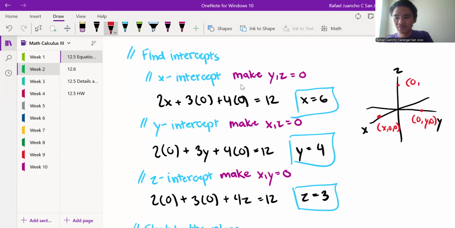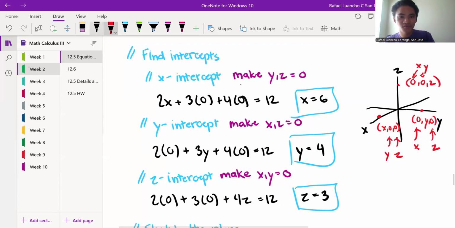This is some z, 0, 0, z. So what do we do if we want to get z? Make x and y 0. Want to get y? Make x and z 0. Want to get x? Make y and z 0. So that's it. I mean, it's all about conditions.